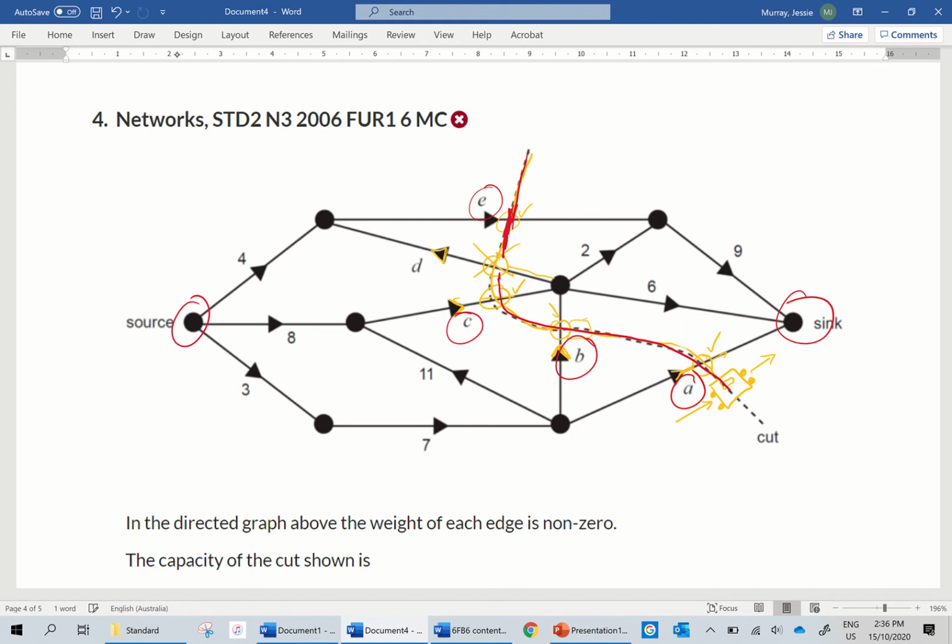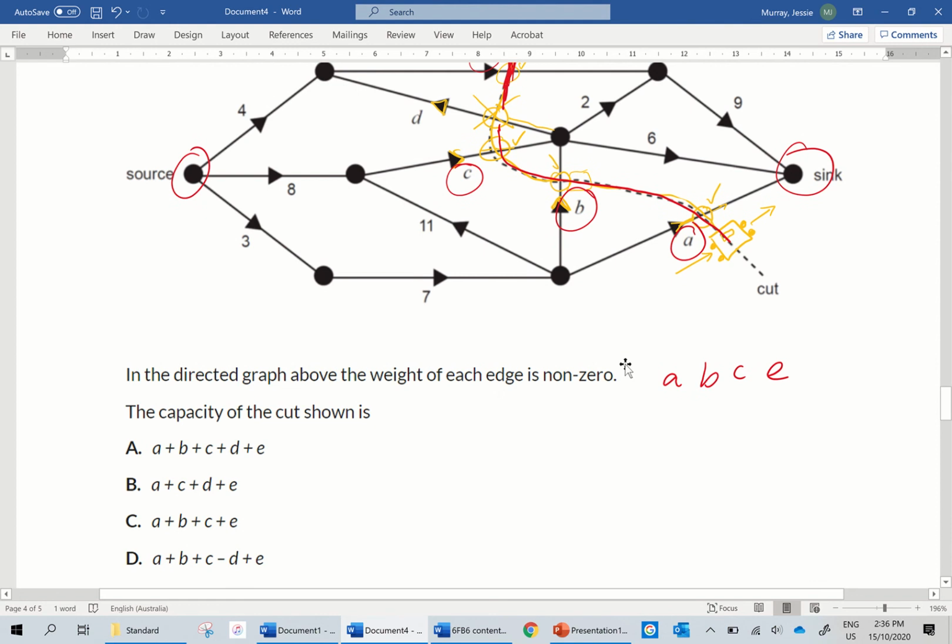There's no point in it, so don't waste your time with it. And plumbers actually use this sort of stuff when they do it. So I need, put it in order, A, B, C, E. That is the capacity of my cut. Because they want to know capacity, so with these values, you plus them all together, which gives me an answer of C. All right.